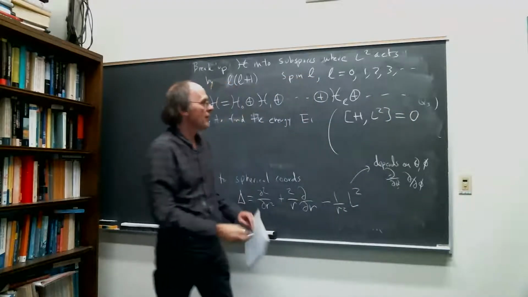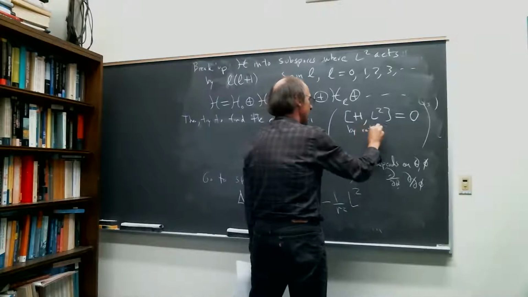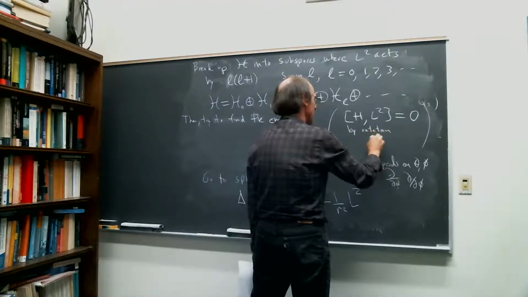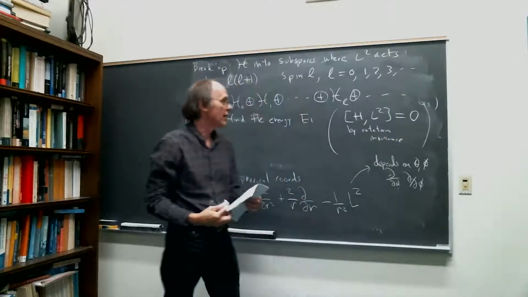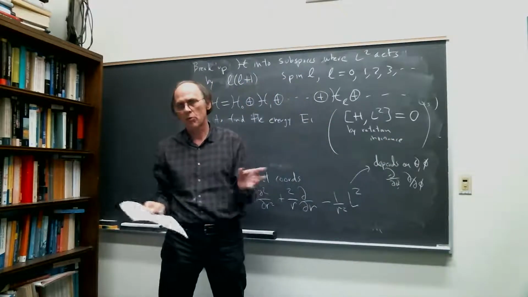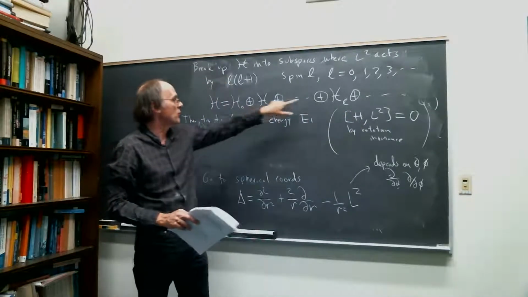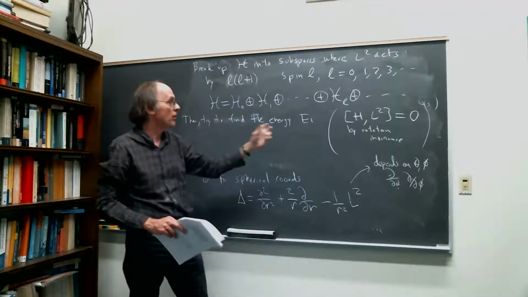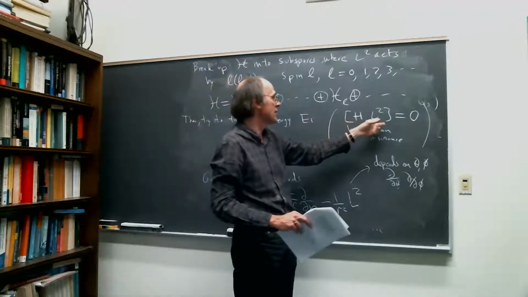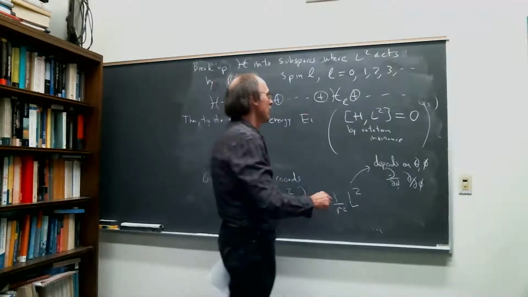Okay. And this is by rotation invariance. So if our problem wasn't rotationally invariant, then the Hamiltonian could move you between these different subspaces of different L. But if the Hamiltonian is actually rotationally invariant, then you can show that this is true.